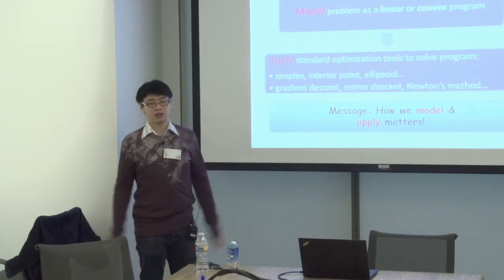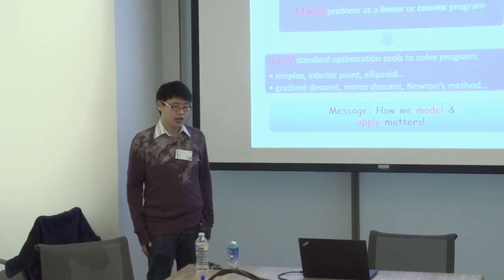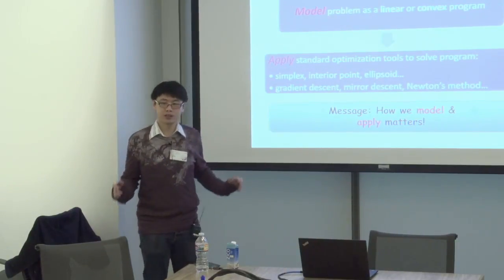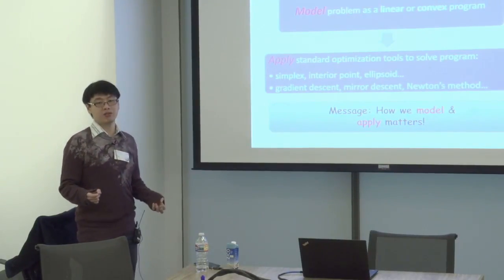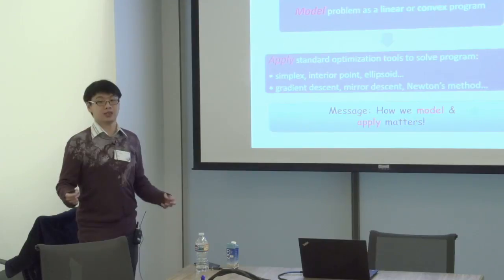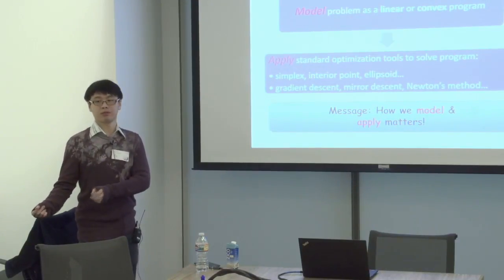That's the overarching theme that I want to get across today. And maybe somewhat surprisingly, for certain problems you can get something cheap very easily just by considering a different formulation of the problem.